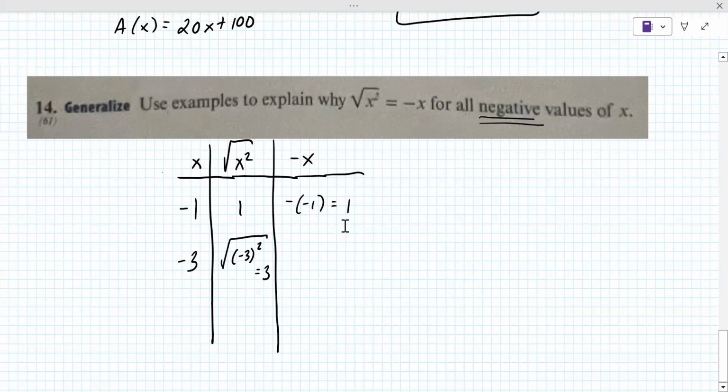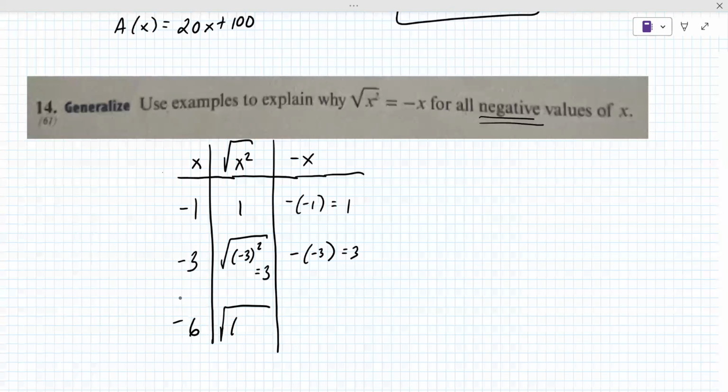And then is -3 equal to 3? Yes. Okay, so you pick any... -5. Actually, let me pick 6 because I don't want you to think it's even or something. You take the square root of parentheses -6 squared. So -6 squared is 36.